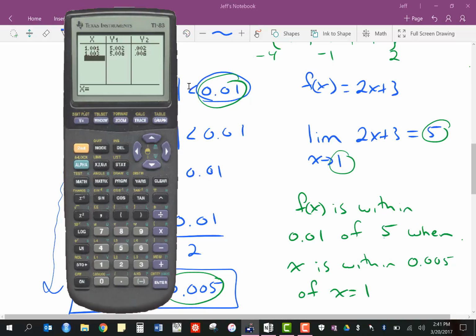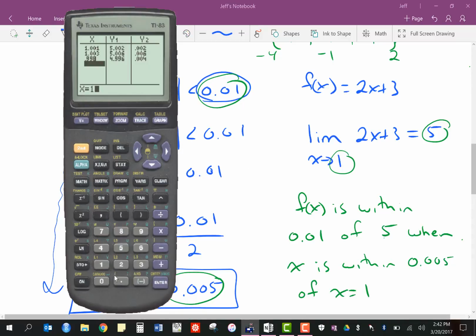That is smaller than the 0.01. If I go on the other side and do 0.998, that's close enough. That's less than 0.005 away from 1. Then I'm going to get 0.004, which is smaller than the 0.01.